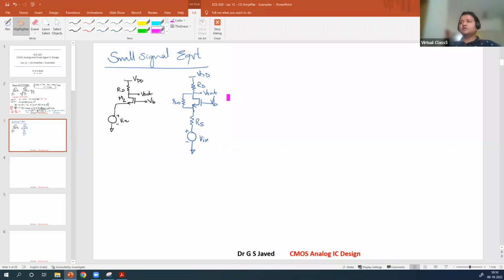Now let us draw the small signal equivalent. Let us bring back our gray box. So you will have three terminals: gate, drain, source.